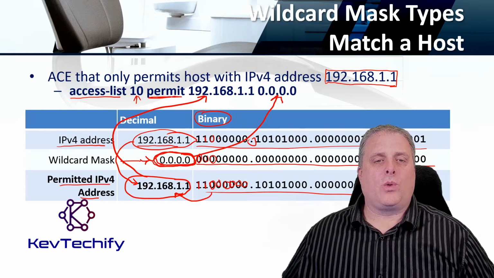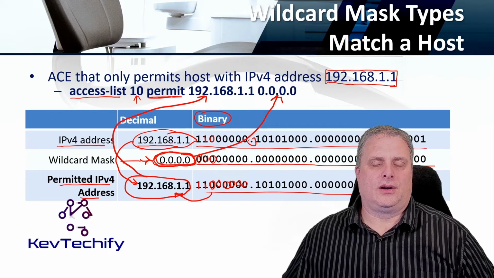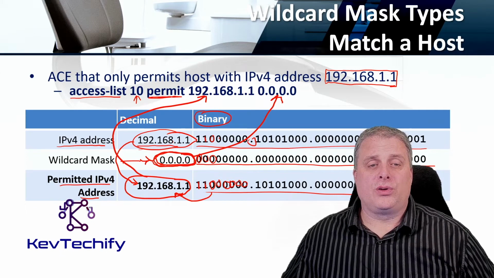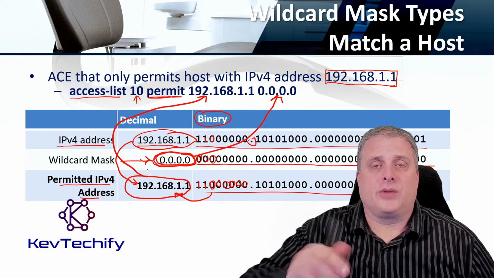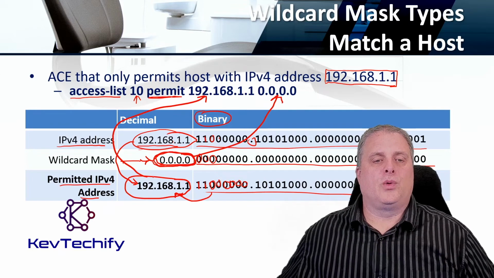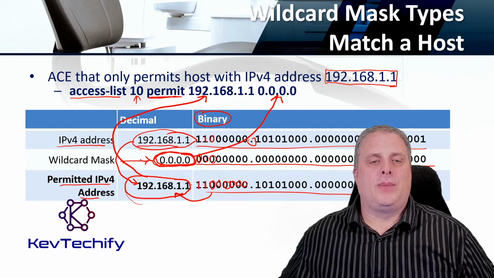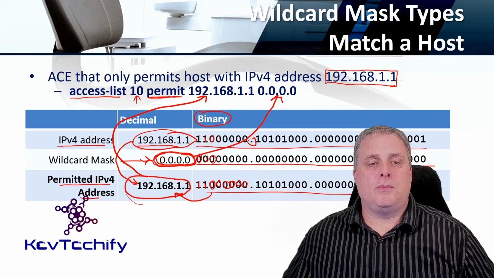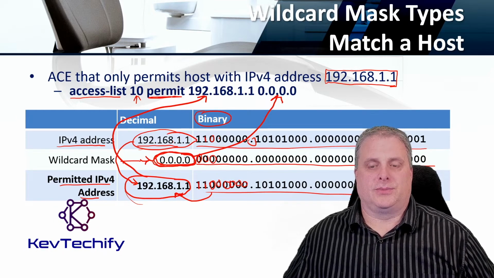Now you're going to say, well, why didn't I put this one in there? Right now, because we're matching all 32 bits of the wildcard mask, these two answers are going to be the same, but in our next couple of slides, you're going to see where it's a little bit different. And so it should be what you calculated here based off of your original IP information and the matching of the wildcard mask.